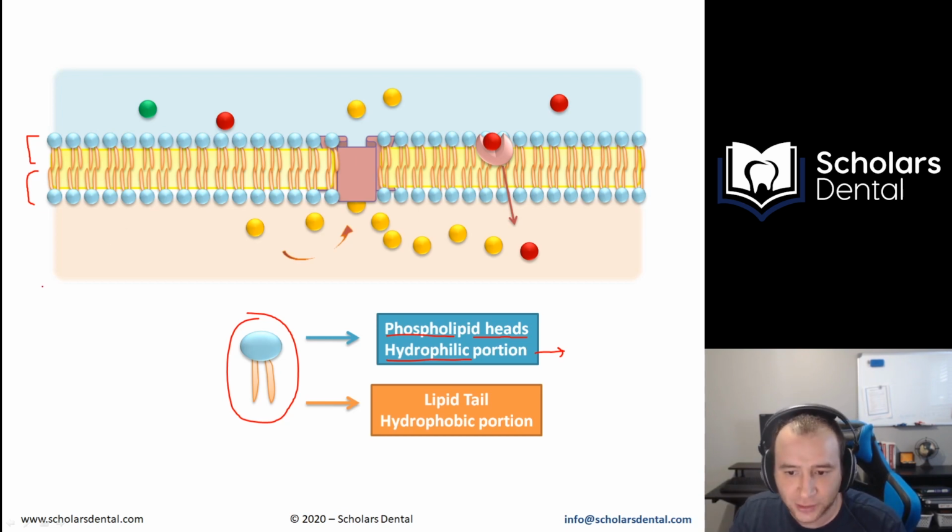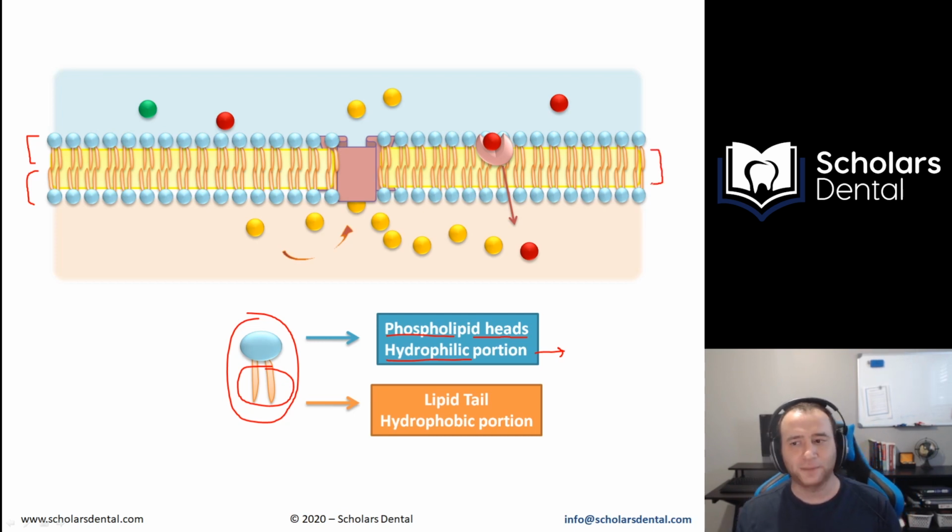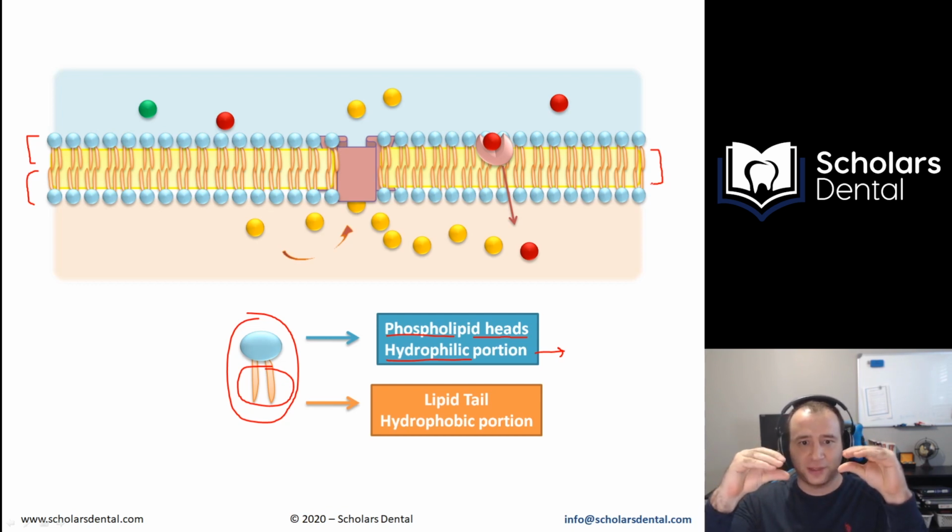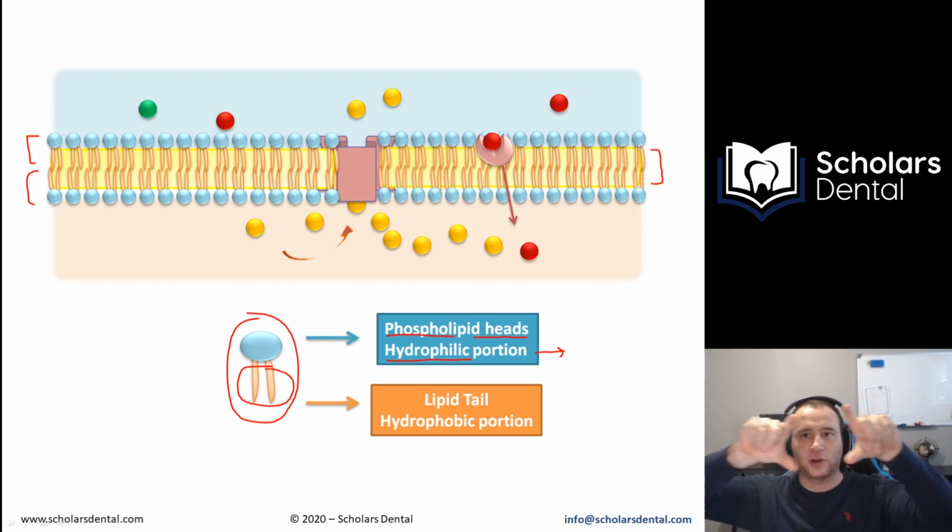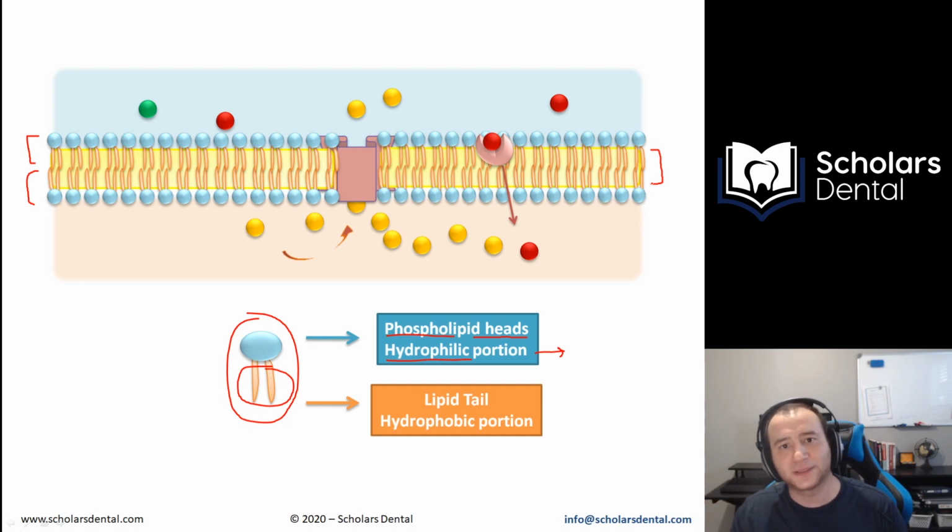The lipid tail is this portion here. This area does not like water. So you can think that we have a thickened layer here that's fat soluble, because when the two come together inward like this, they create a thicker layer of lipid soluble.